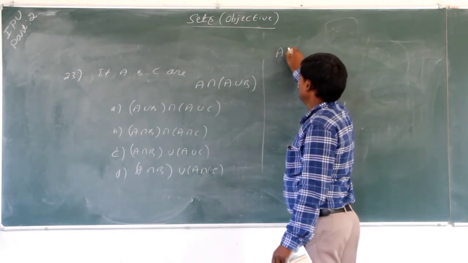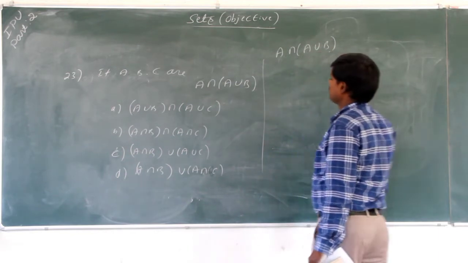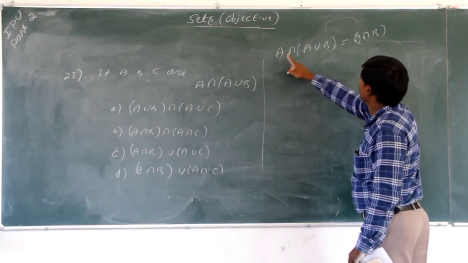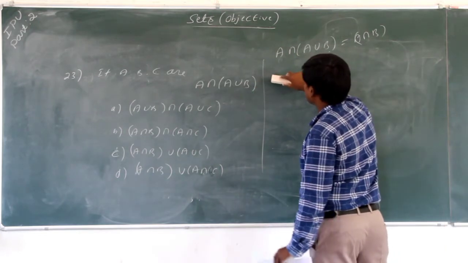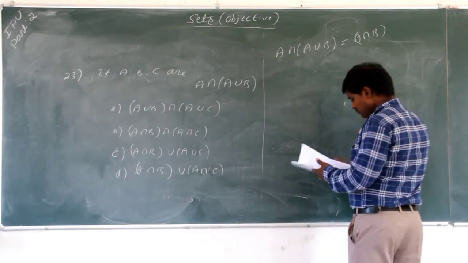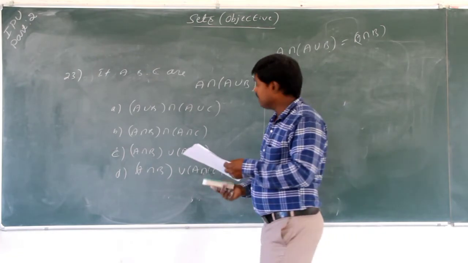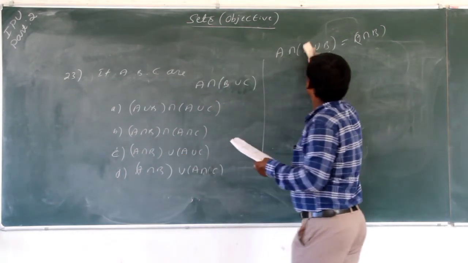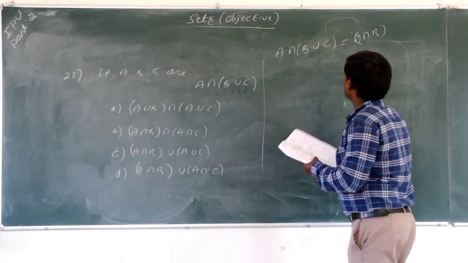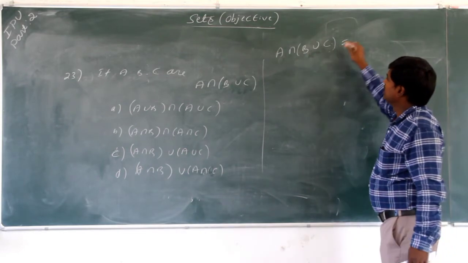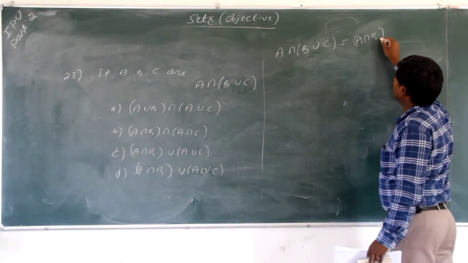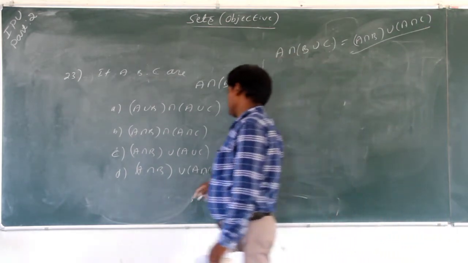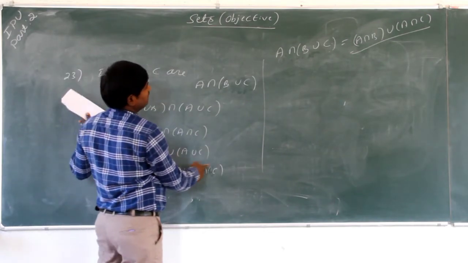You know that A intersection of B union C, by the distributive law, can be written as A intersection B union of A intersection C. So see here, by the distributive property, this can be written as A intersection B union of A intersection C. Therefore D is the right answer: A intersection B union of A intersection C.